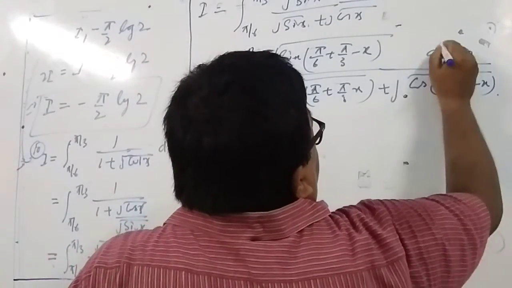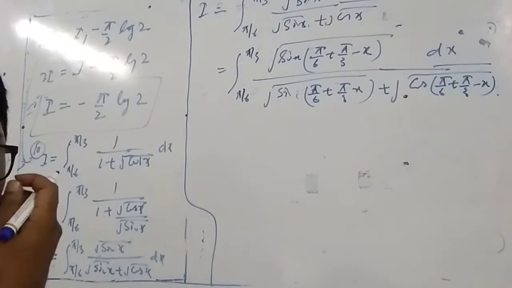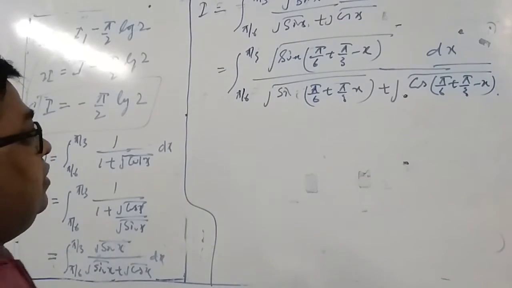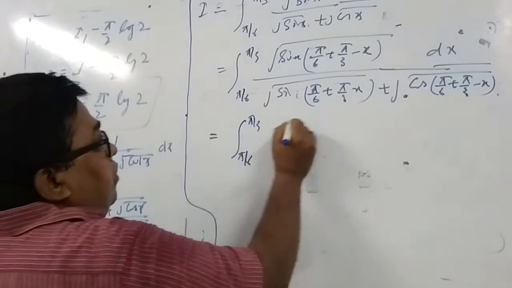This pi by 6 and pi by 3 become pi by 2, and sin of (pi by 2 minus x) becomes cos x.